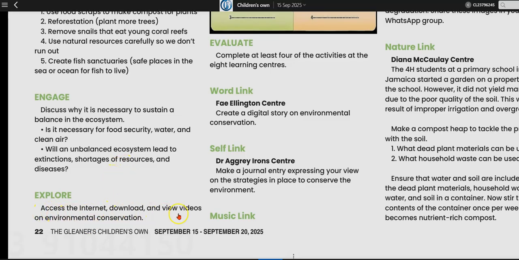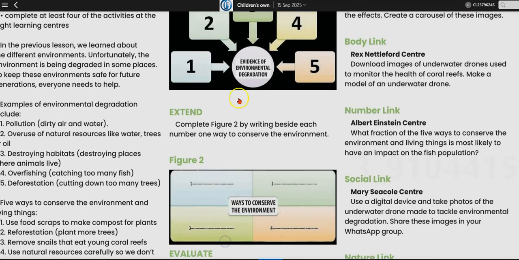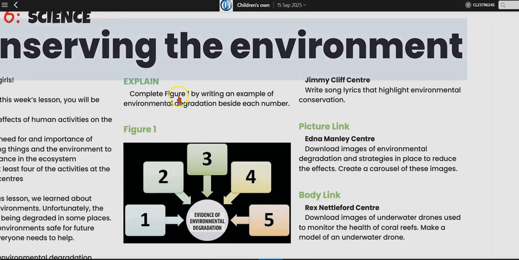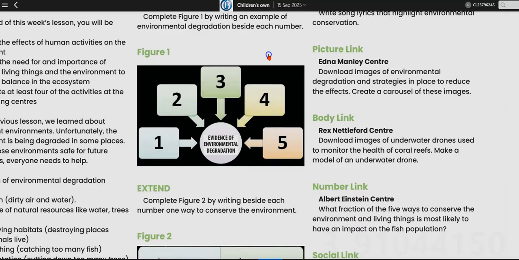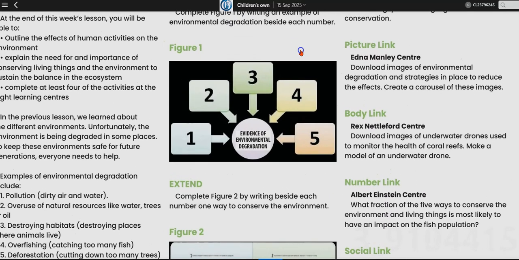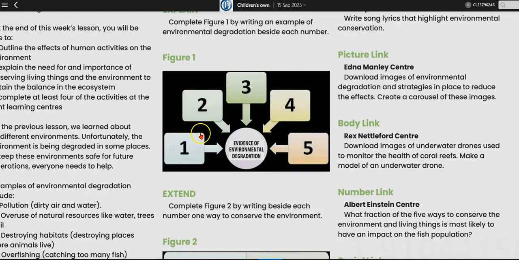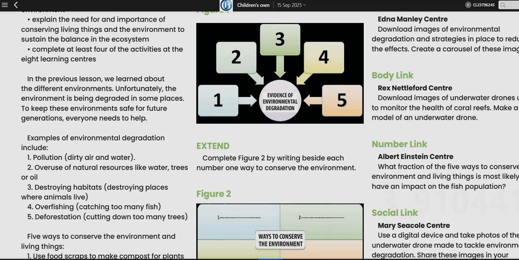Explore. Access the internet and download and view videos on environmental conservation. All right, let's go to explain. Complete figure 1 by writing an example of environmental degradation beside each number. So here we have evidence of environmental degradation 1, 2, 3, 4, and 5. For example, 1 could be air pollution.